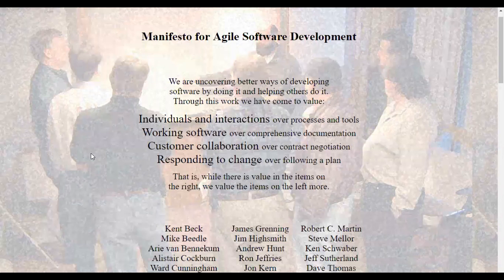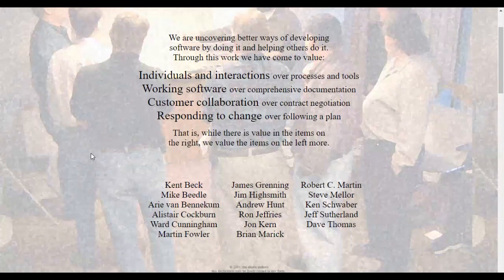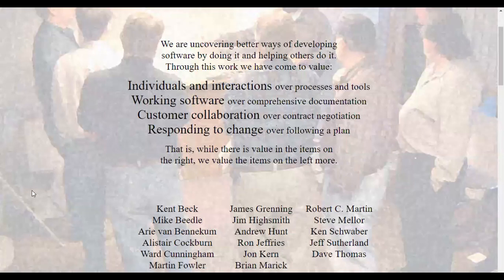Through this work, we have come to value individuals and interactions over processes and tools, working software over comprehensive documentation, customer collaboration over contract negotiation, responding to change over following a plan. That is, while there is value in the items on the right, we value the items on the left more.